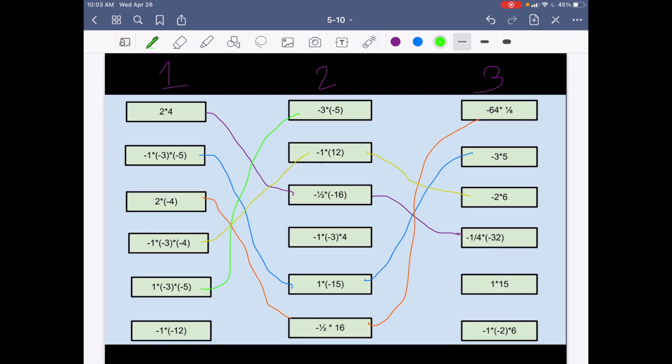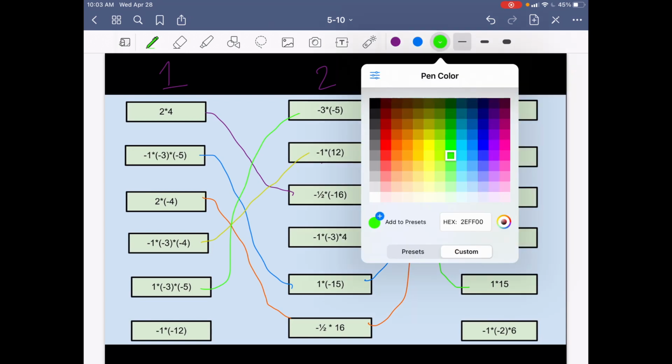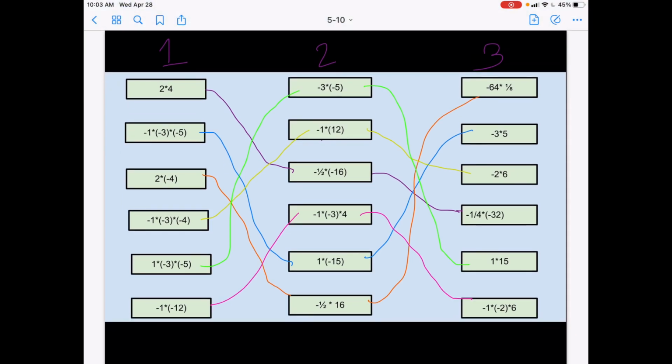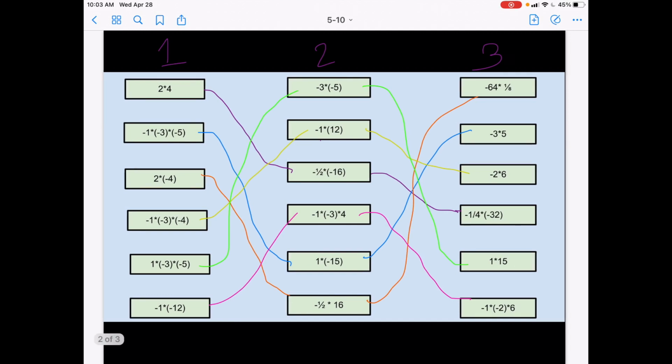And now we've got to find the one that's going to give us positive 15, and I think that's going to be 1 times 15. And our last ones we can match right up. So we have 12, match to 12, match to 12. So check your answers, see how you did. And let's turn to the next page.